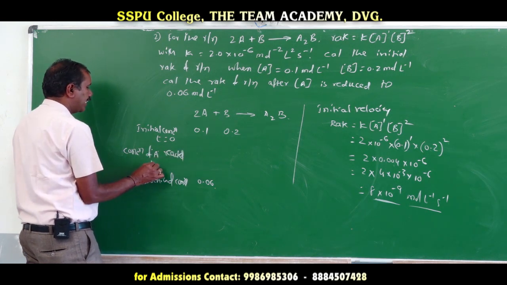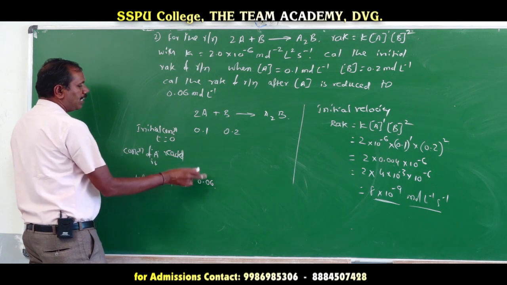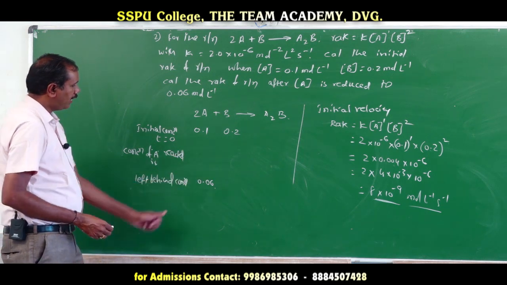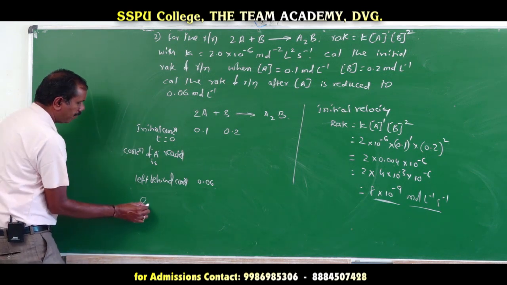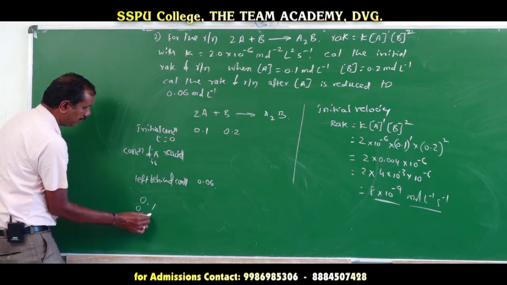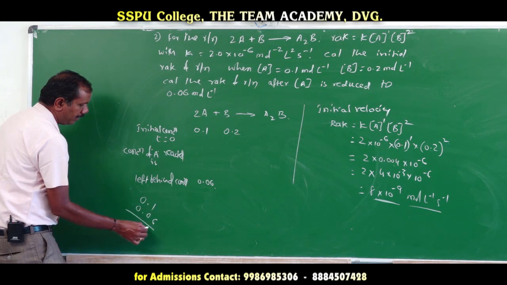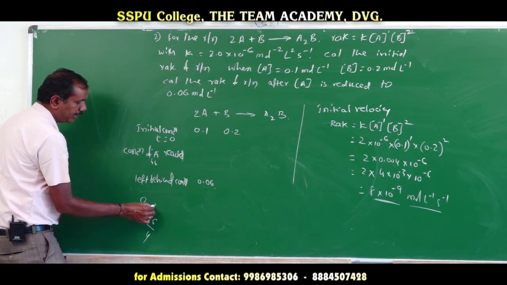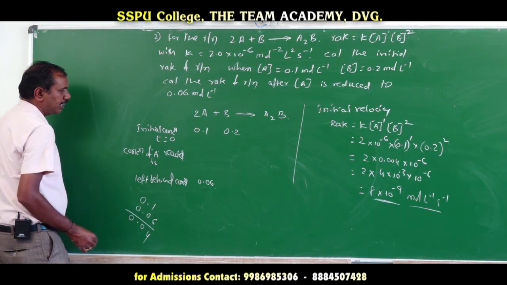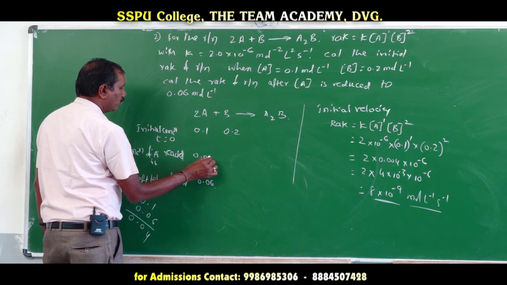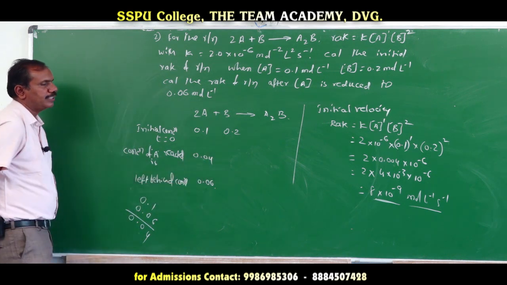Initially it is 0.1, finally it is 0.06, means 0.1 minus 0.06. Borrow 1, 10 minus 6 is 4. So reacted is 0.04, left behind is 0.06.